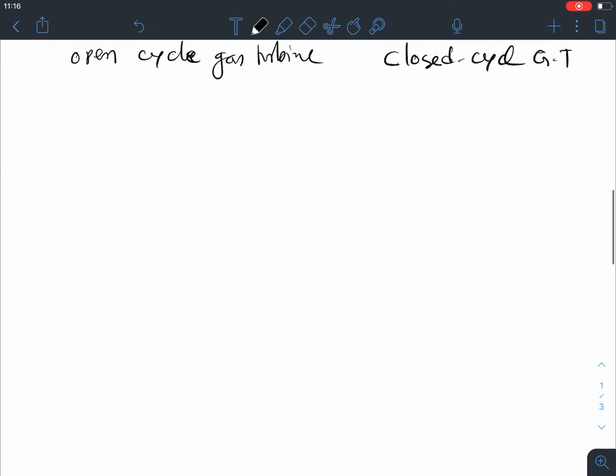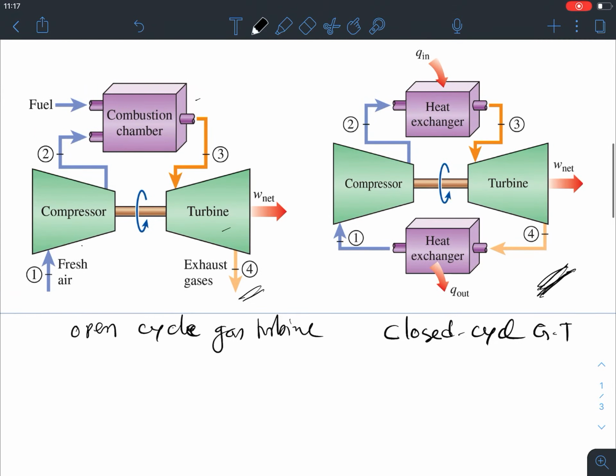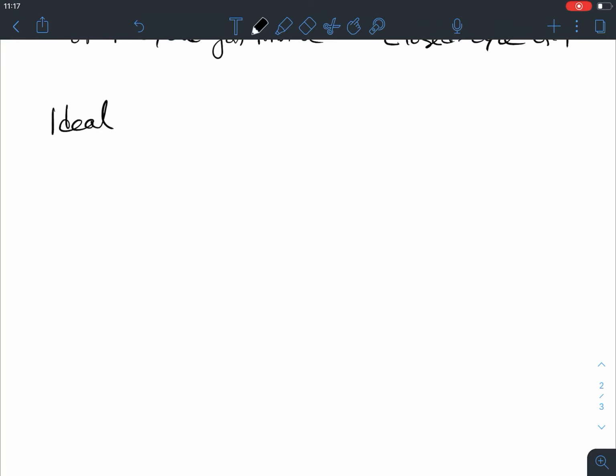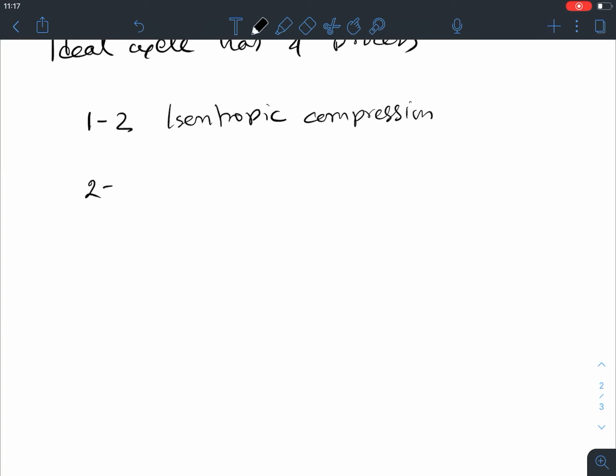So let's see what the PV diagram looks like, and the important things about this ideal Brayton cycle. First, the ideal cycle has four processes, 1 to 4. Process 1 to 2 is isentropic compression in a compressor. Process 2 to 3 is constant pressure heat addition.